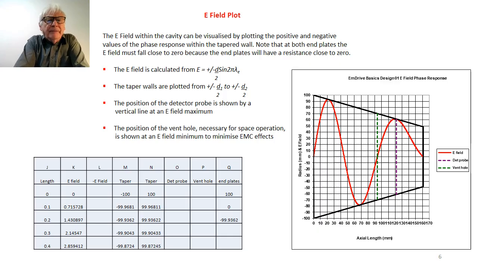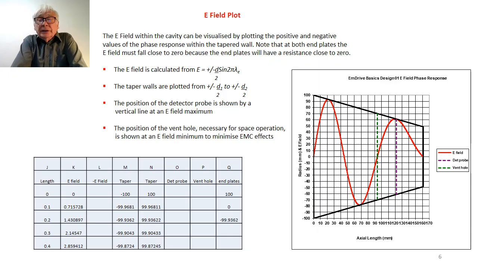We're looking at the plus and minus E fields, or the illustration of the plus or minus E fields, the 2 tapers, and the positions of the detector probe and the vent hole. And really just to complete the overall picture, because this is the visual output, if you like, of the spreadsheet itself, we need to plot the end plates as vertical lines.